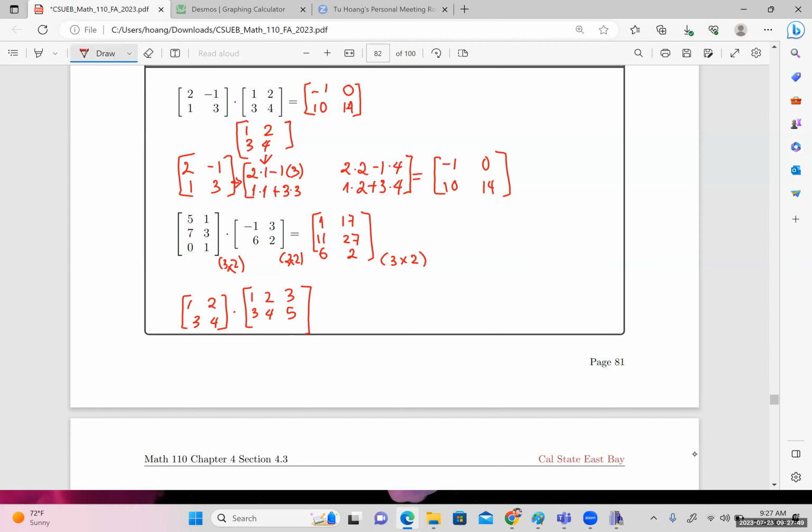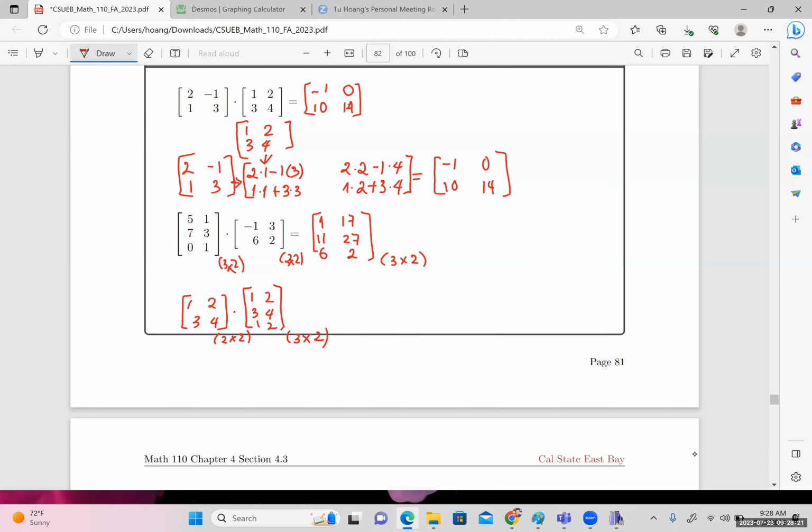So keep in mind that we have 2 by 2 here. This one is 2 by, no, I want to change a little bit. Okay, so I have this going to be 3 by 2.